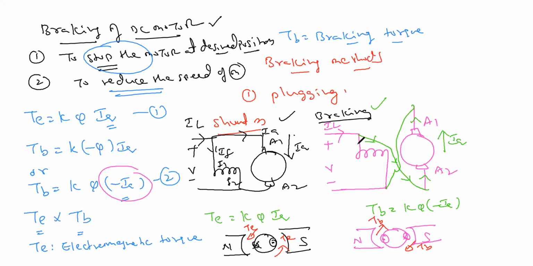So the disadvantage of plugging is here now. Only one thing: once the motor obtains 0 speed, the supply has to be disconnected. Otherwise, the motor rotates in the opposite direction. Okay, that's a disadvantage here now. Please mention that point.